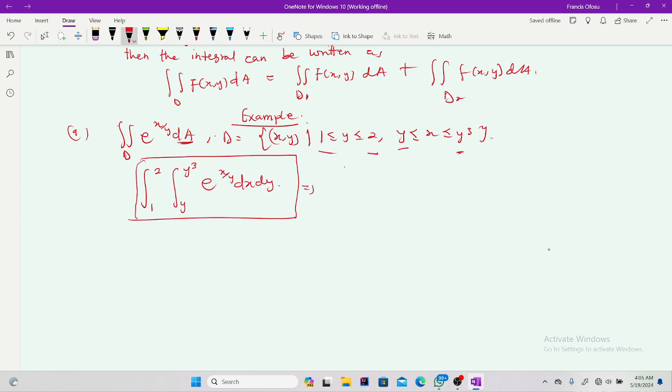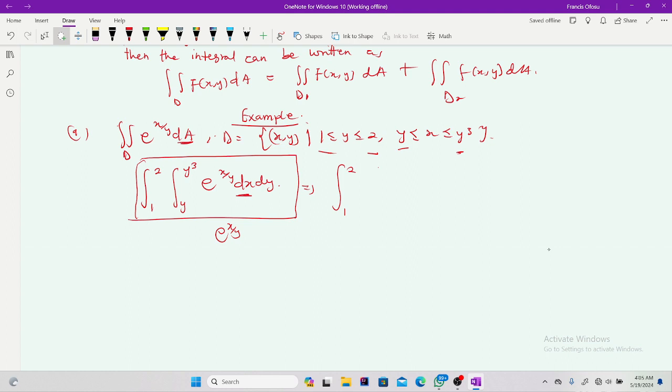So let's see how we do that. We are integrating e to the power x over y with respect to x.